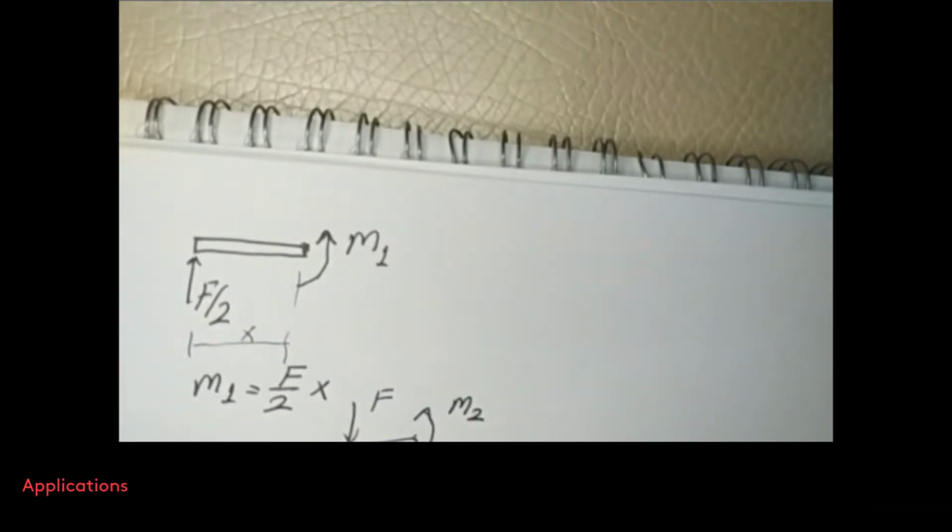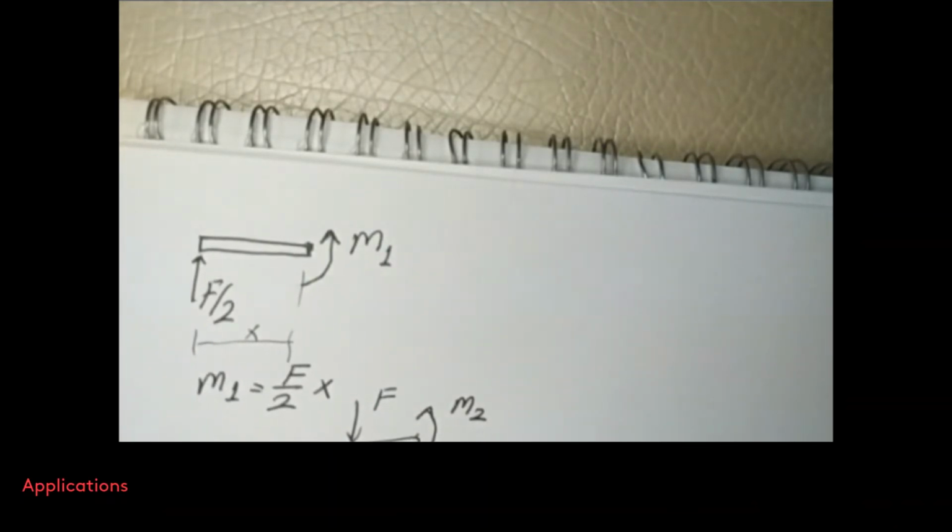Now certainly this F will act in the opposite direction. This is minus F. This is X minus L over 2. And this will simplify to F divided by 2 (L minus X). So this is the M2.